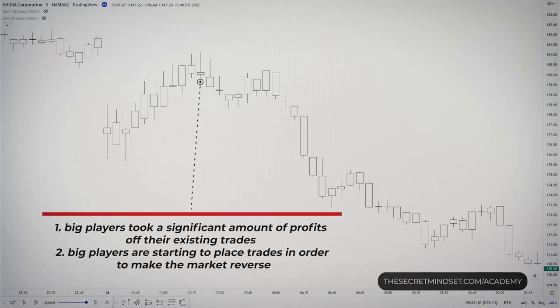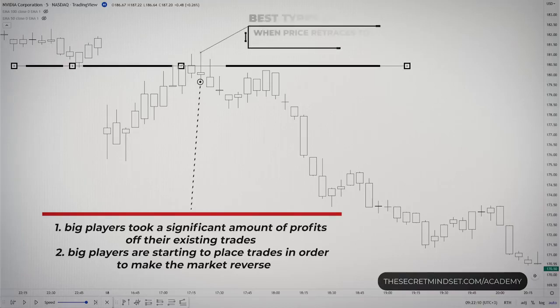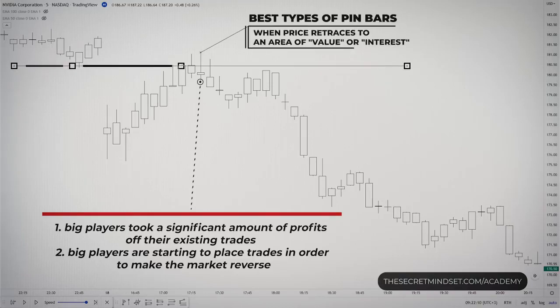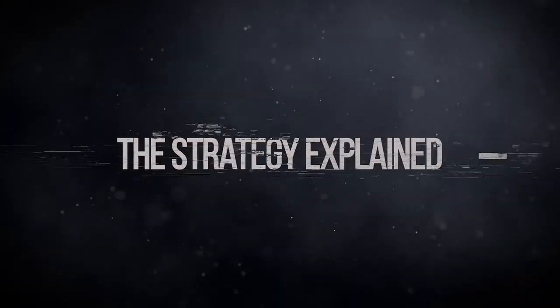When a pin bar appears, a big player took a significant amount of profits of their existing trades, or they're starting to place trades in order to make the market reverse. And the best types of pin bar setups form when there has been a sustained move, either up or down, and price retraces to an area of value or interest.